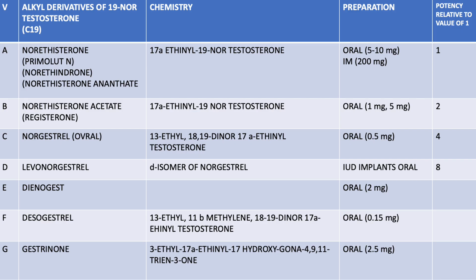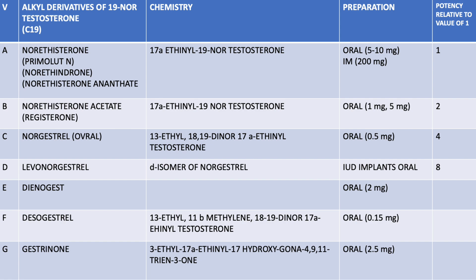The alkyl derivatives of 19-nortestosterone. These are the main progestogens which you come across during your clinical practice. The first one is norethisterone, which comes by the name of Primolute N. And then is Regestrone, a very commonly used medication. It consists of norethisterone acetate.